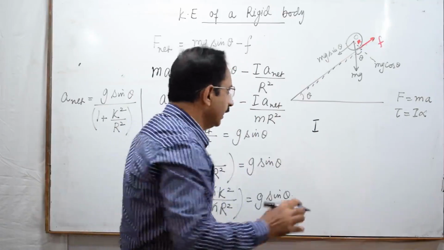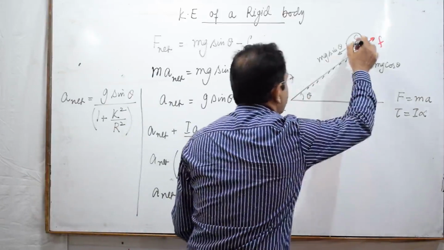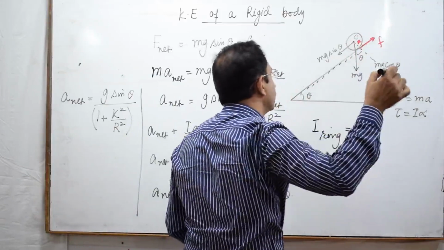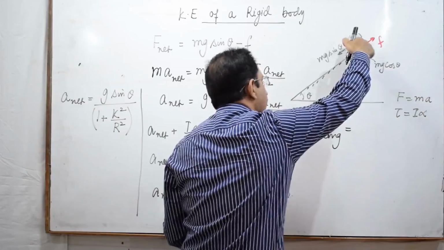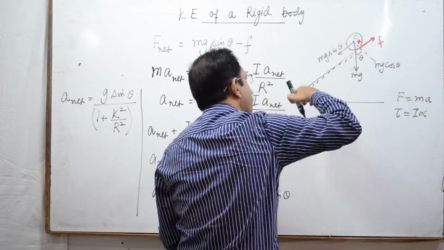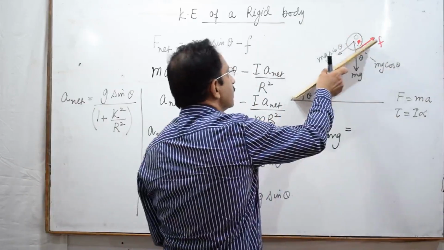If you remember the moment of inertia of a ring with respect to an axis passing through the center and perpendicular to its plane. Now this axis, which is passing through the center and perpendicular to the plane, is also parallel to the incline, because our incline is going to be a surface like this.